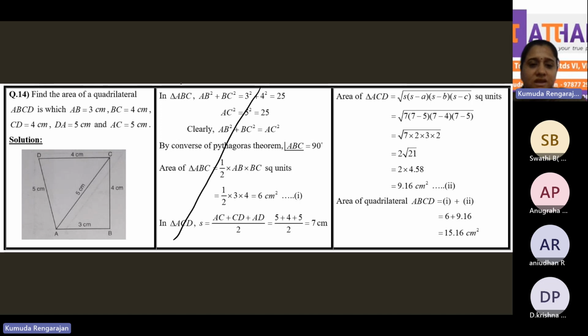I'll explain this in the next class. Leave this. And find the area of triangle ABC using Heron's formula.